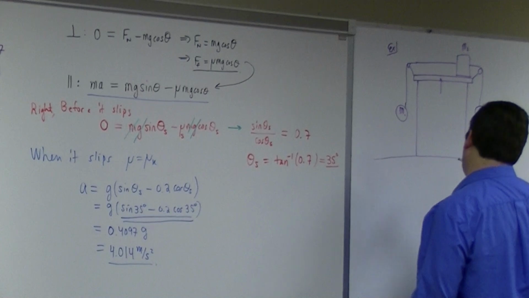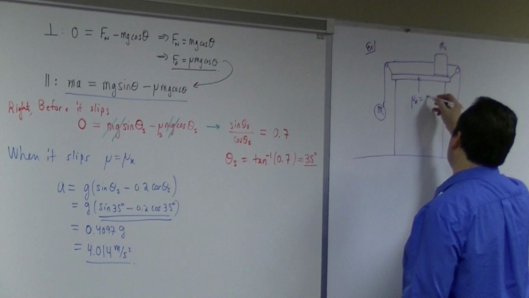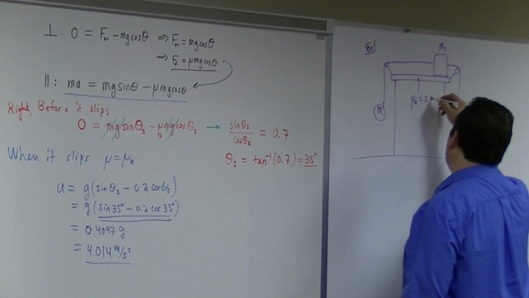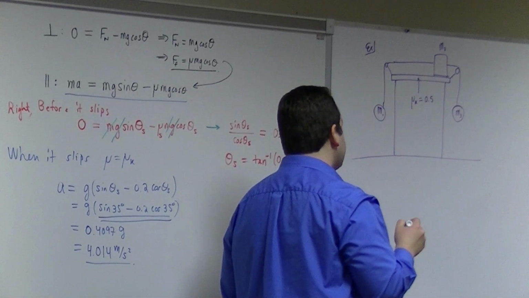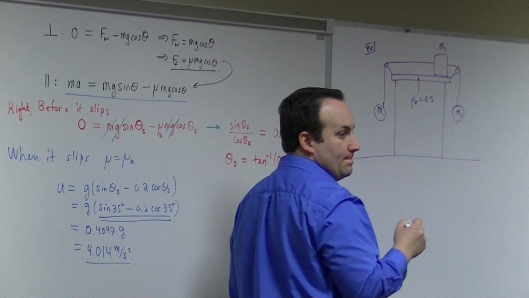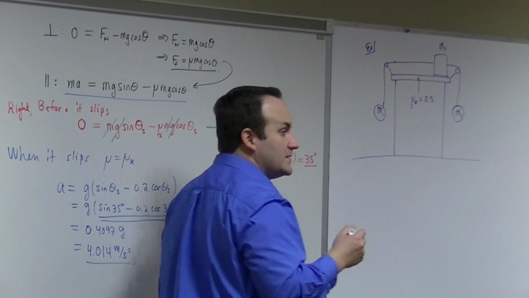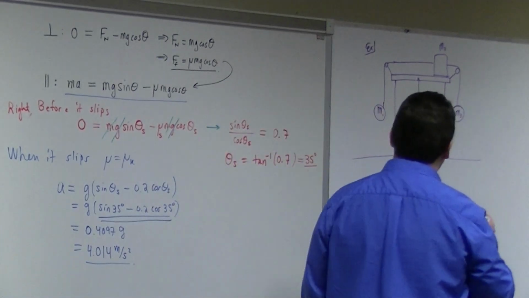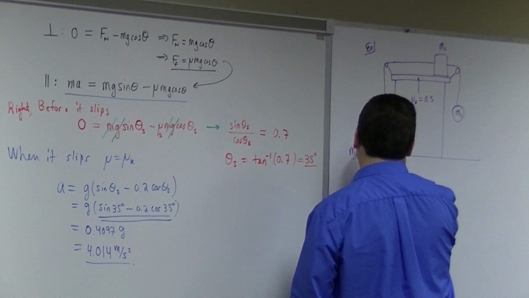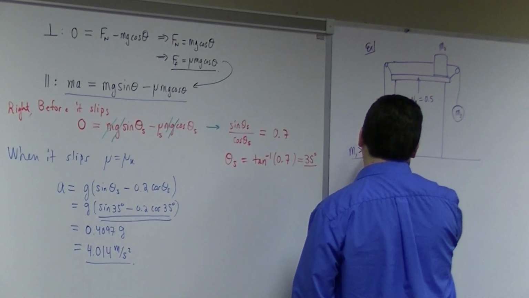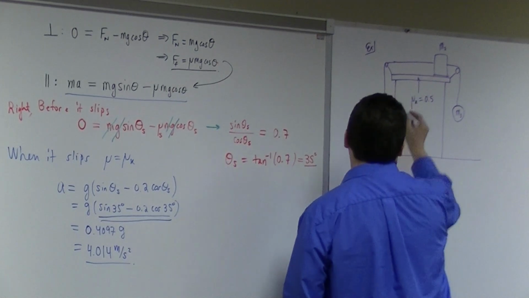Let's suppose it's moving, and suppose the kinetic coefficient of friction is 0.5, between the table and M2. I'm assuming that M1 is greater than M2 plus M3. I choose M1 large enough so that the motion is this way, okay?